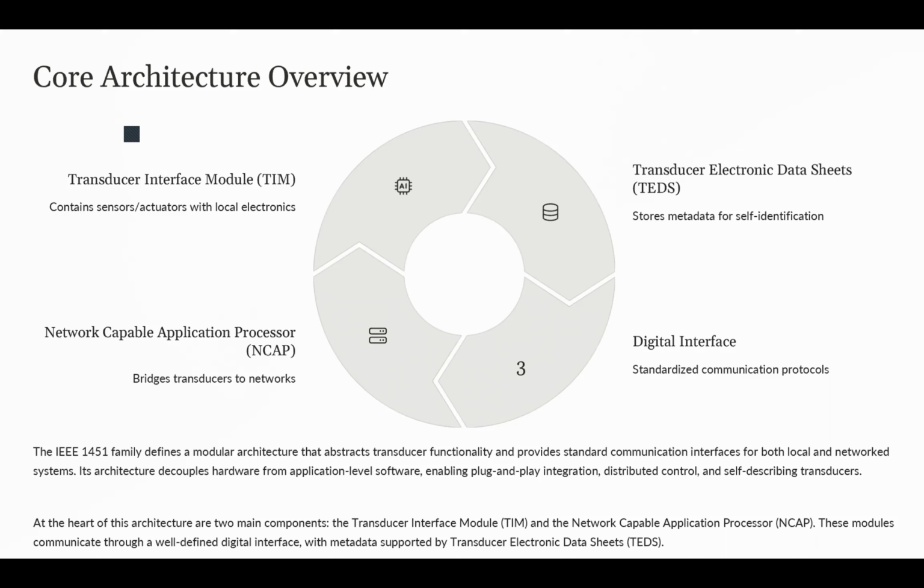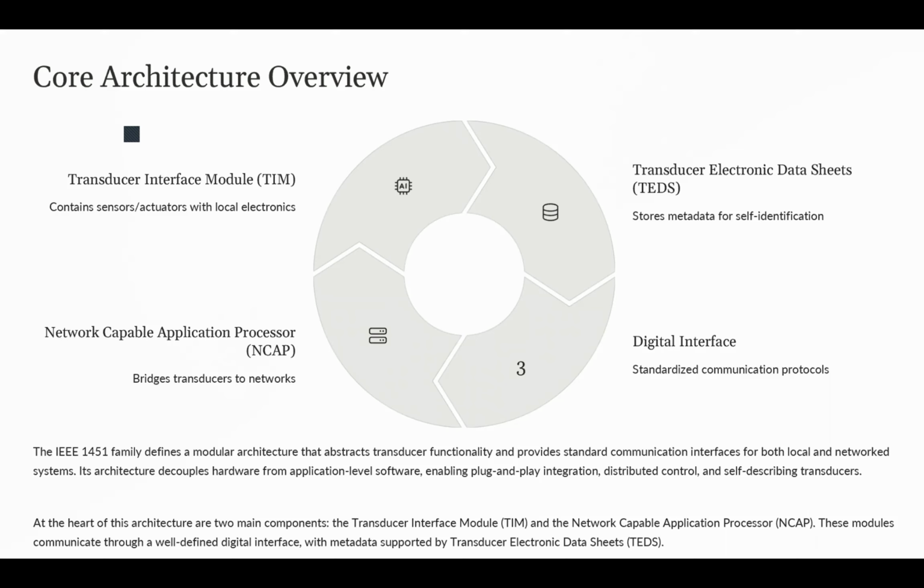The configuration is different, but regardless, it creates a standard protocol for data exchange between the TIM and NCAP. Now, the NCAP basically acts as the system's network bridge, which collects the data from one or more TIMs, processes it, adds a timestamp, and forwards it to the higher-level application.